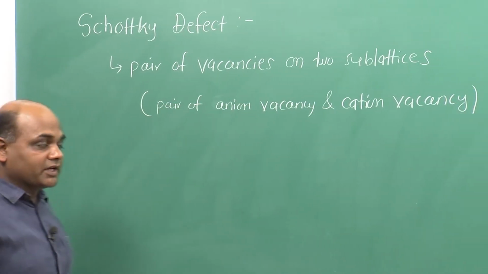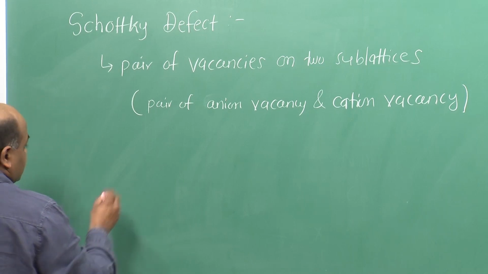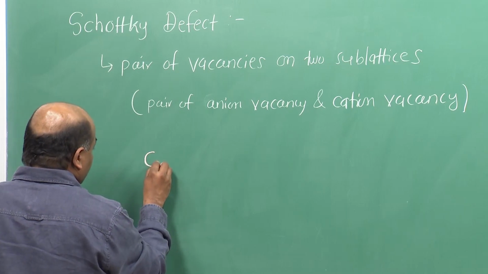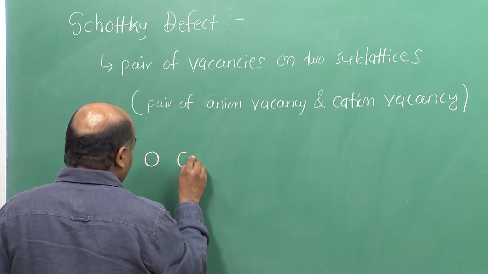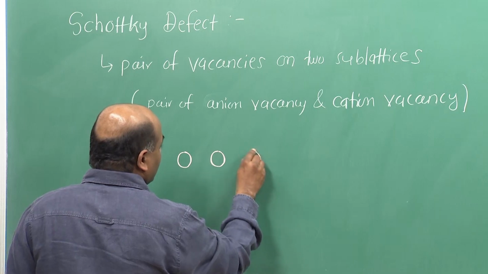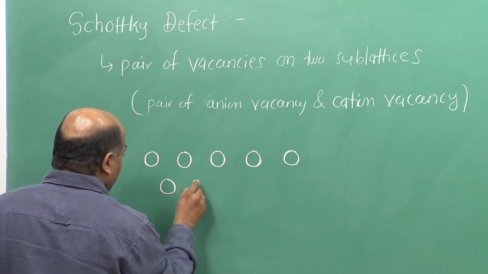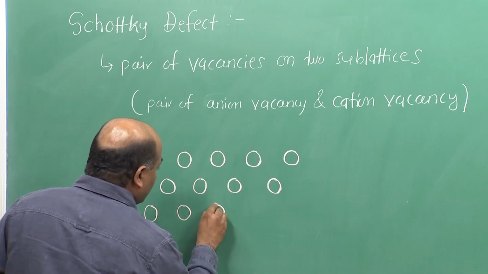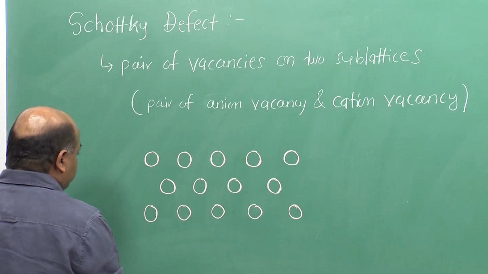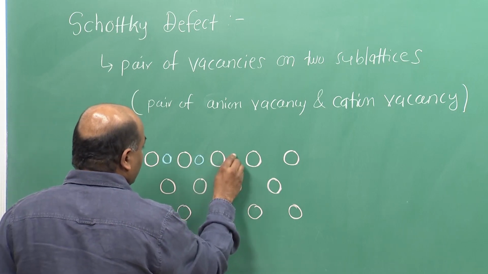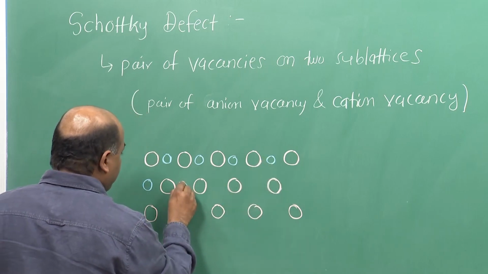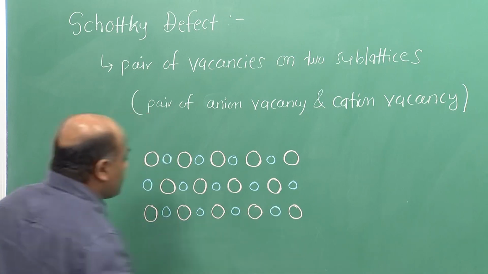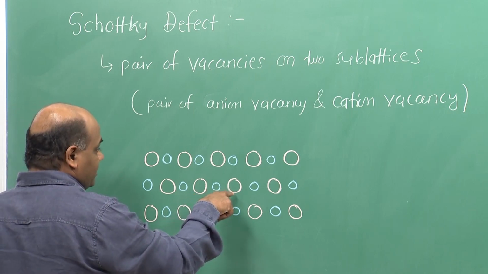So, if you consider an ordered structure, the blue atoms are type A, the red atoms are type B.